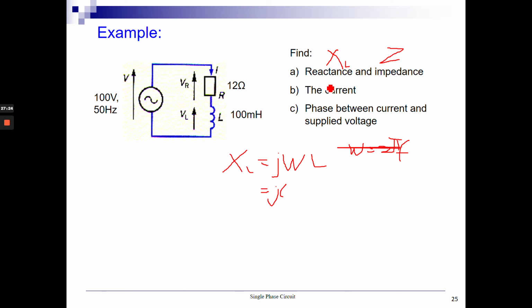Okay, so omega equal to 2 pi times your f, which is 50.